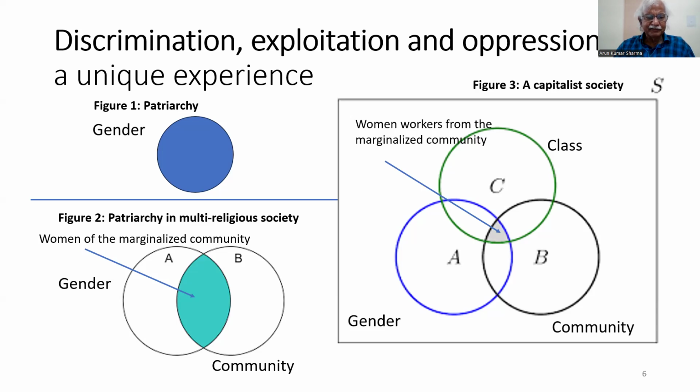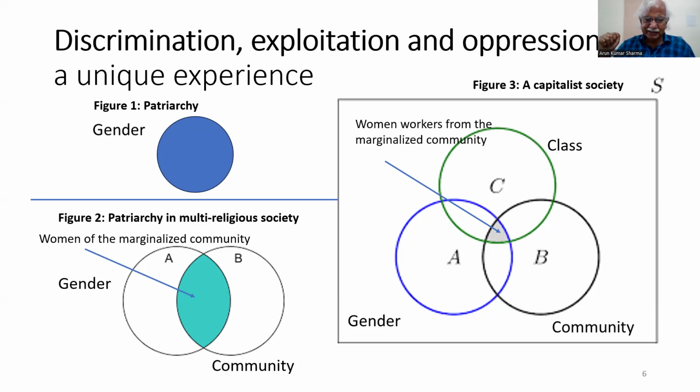But in figure 2, I have drawn two circles, one representing patriarchy or gender, and another circle representing communities. This is the case of a society in which there is patriarchy, but that patriarchy exists in different religions and differently.